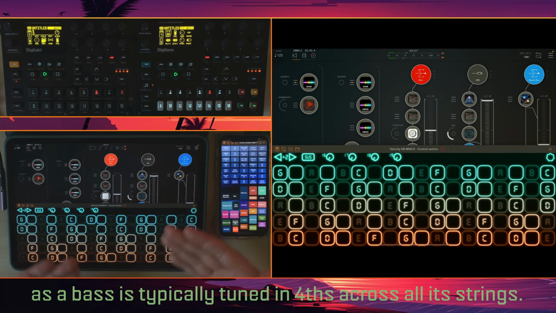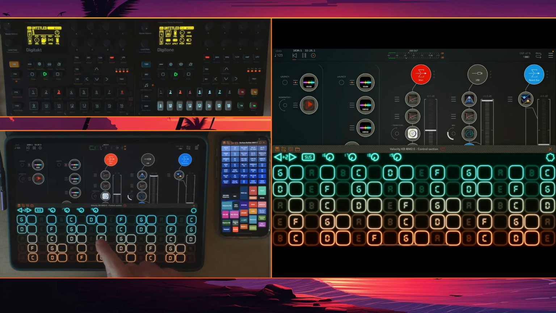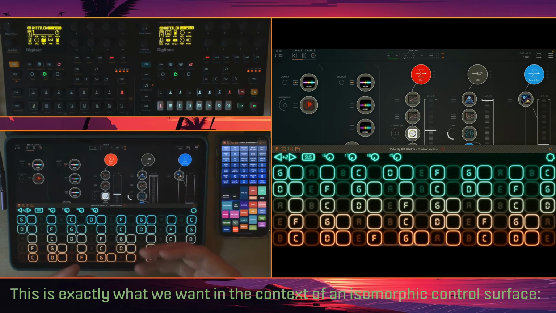And the specificity is that regardless of the first note that I start tapping, if I want to trigger another note that is at a very specific interval in relation to that first note, on an isomorphic keyboard, I can always visually see what would be the pattern of the second note in relation to the first one.